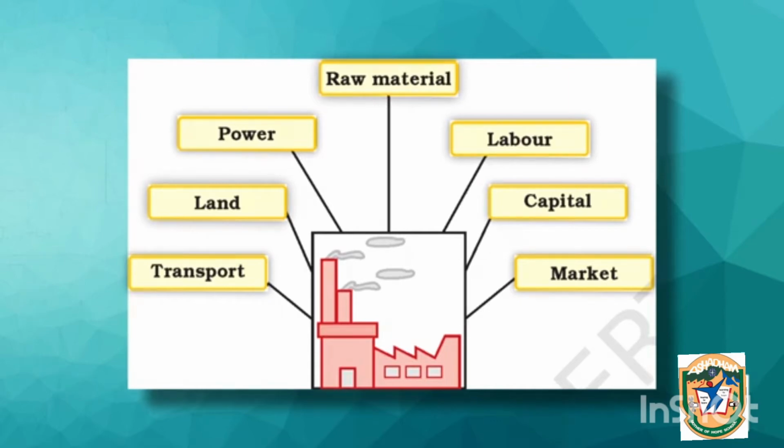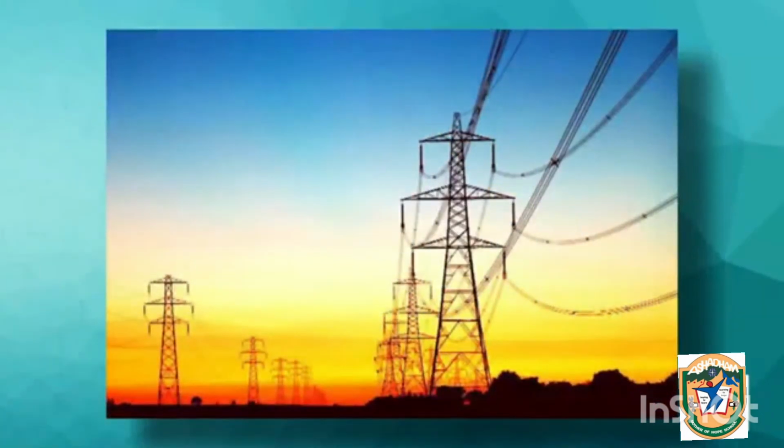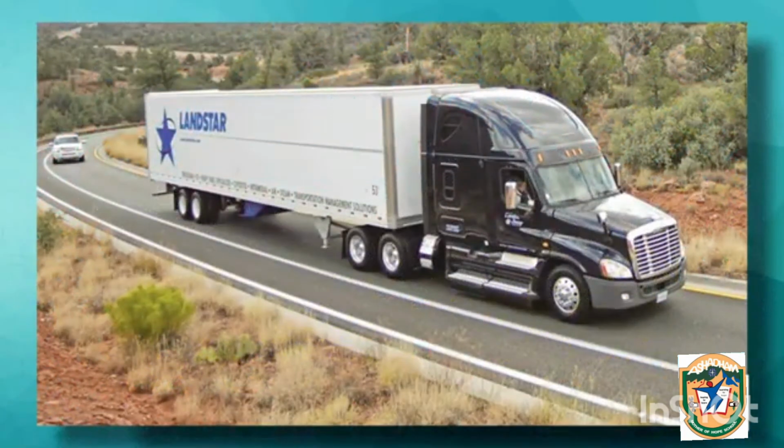Where industries are established in different backward regions, the government provides different incentives such as establishment of infrastructure, transport, cost at low amounts and subsidized power. The reason for growth and development of several cities and towns can be attributed to the process of industrialization.